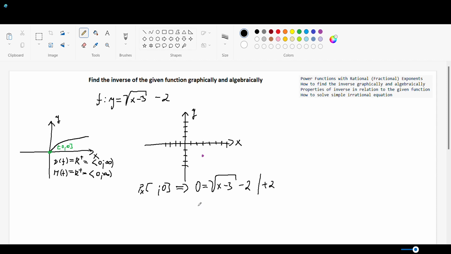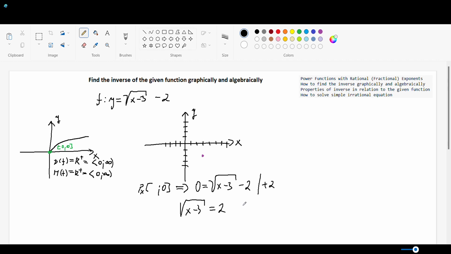So our equation, and I will swap the sides of my equation because I want to have my unknown x on the left side, which is quite common, after this operation will be square root of x minus 3 equals 2.